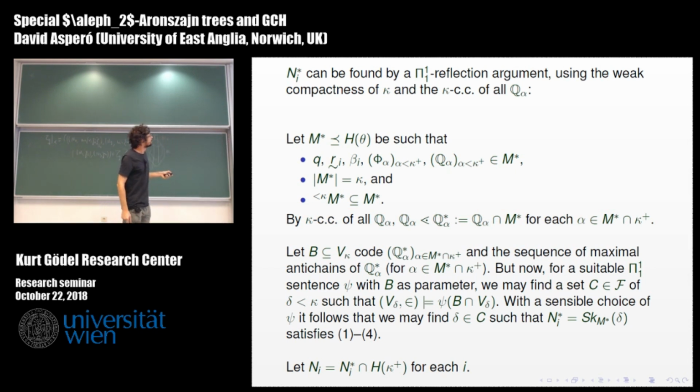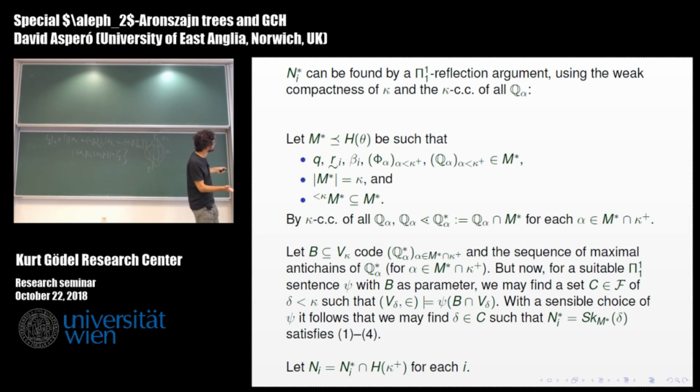Now you can find a suitable Π¹₁ sentence psi with B as the parameter, which expresses the fact that this is the collection of all maximal anti-chains of these forcings. Using that, I may find a measure one set C of ordinals delta such that the sentence reflects to V delta.